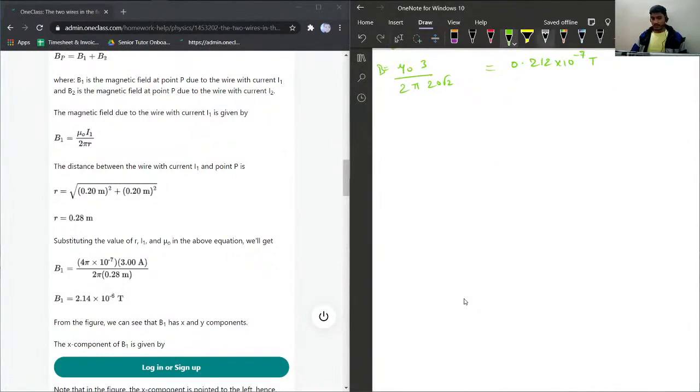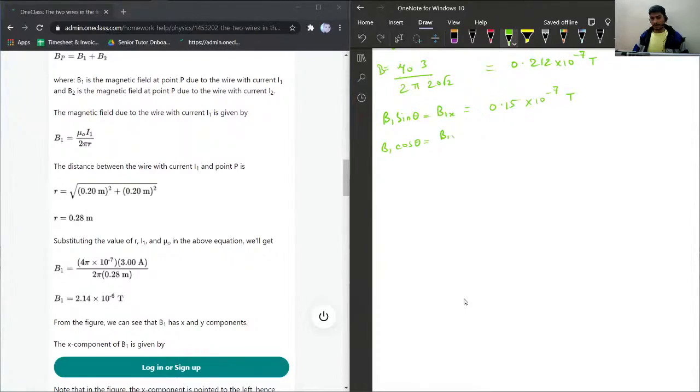So I'll just take the components here. So B1 sine theta will be B1x basically, and this will be into sine of 45, so this will be 0.15 into 10 power minus 7 Tesla, and B1 cos theta is going to be the same because it is the trigonometric ratio for 45 degrees.